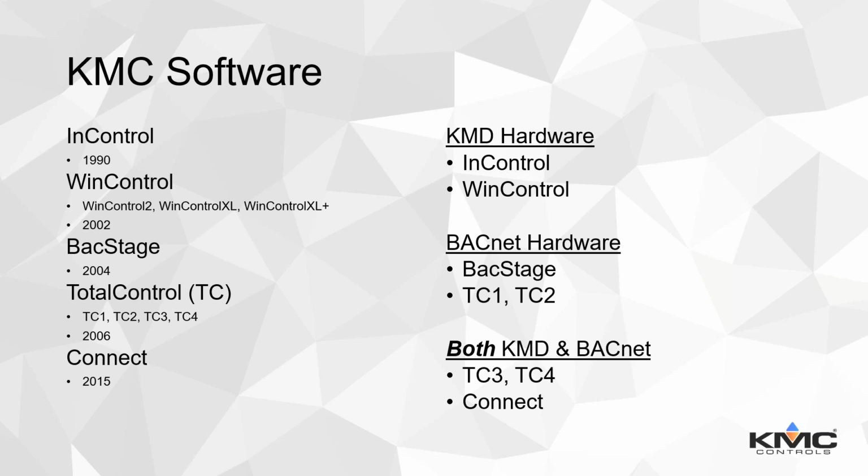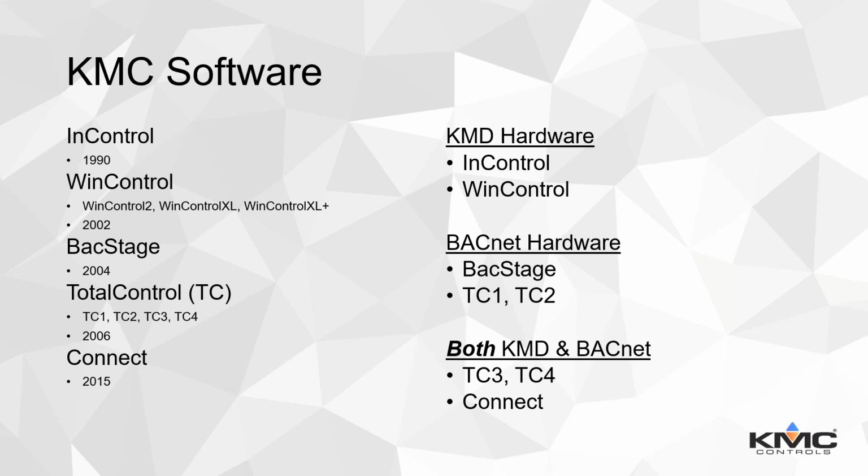After that, we moved into WinControl. WinControl was a native graphical user interface for Windows, and it replicated a lot of the programming ability that was found in InControl. So you could program and configure your hardware. It also had the ability to do graphics.